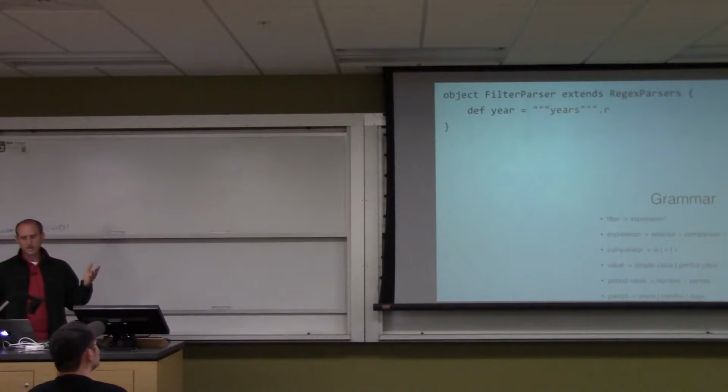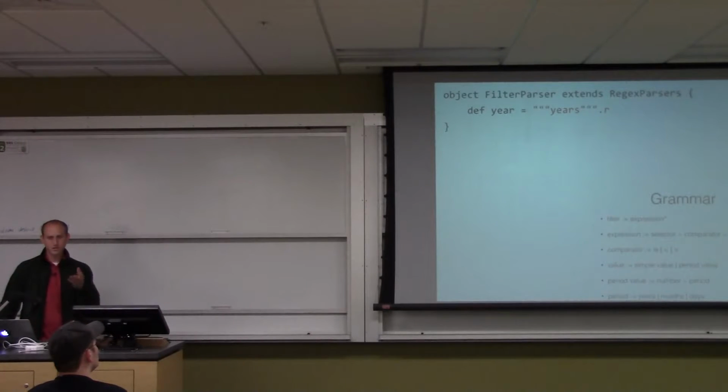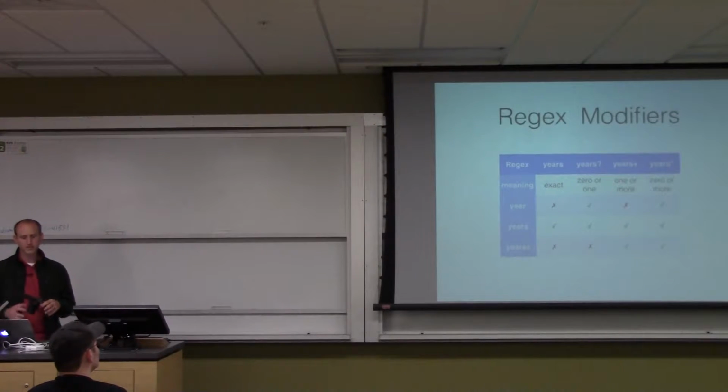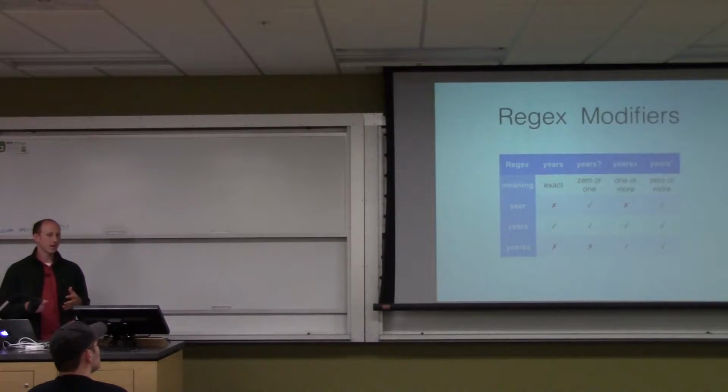If we want to make the S optional, and you know how to do this, I'm sure, here's a table that shows some of our regex modifiers. If we just have years as is, it's an exact match. But if we put a question mark after the S, that means you can have 0 or 1 of them. A plus means you can have 1 or more S's, and an asterisk means you could have 0 or more S's.